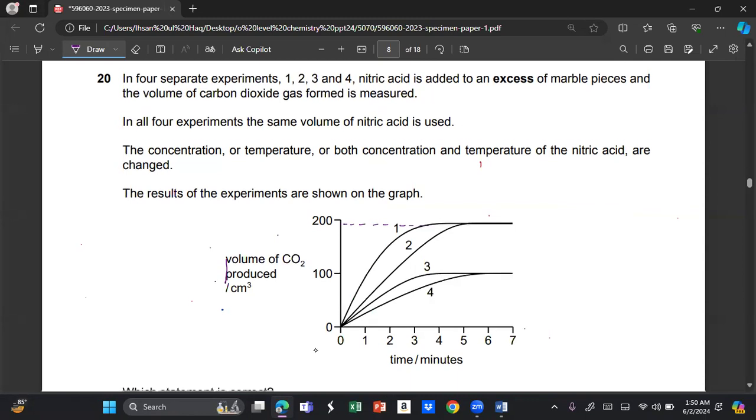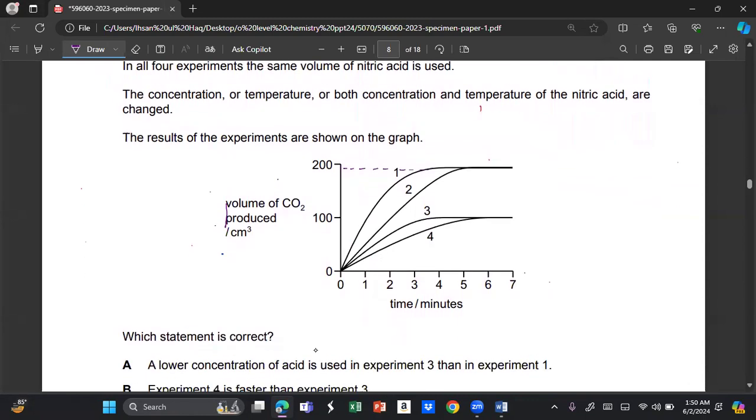Now, let's see option number 1. Which statement is correct? A lower concentration of acid is used in experiment 3 than in experiment 1. Experiment 1 gave us the maximum yield of carbon dioxide, while experiment 3 gave us a smaller volume of carbon dioxide.